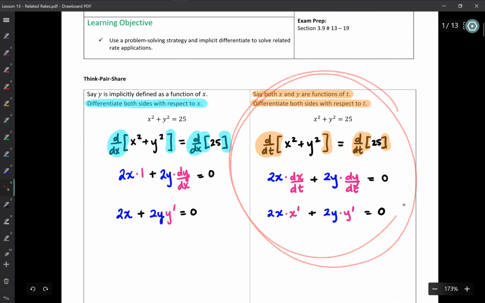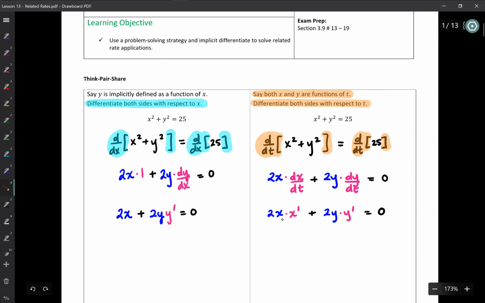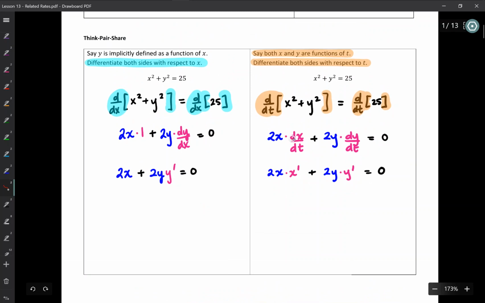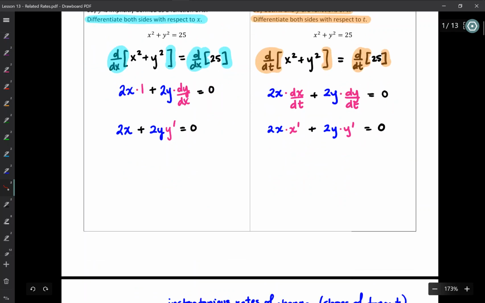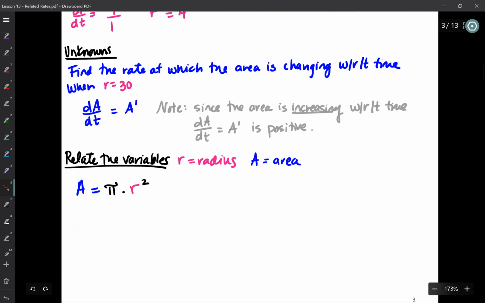Every time you take the derivative of a function that is changing with respect to time, you're going to have to hit it with another derivative using your chain rule, right? So like what I'm saying here, all the pinks are going to come into play.